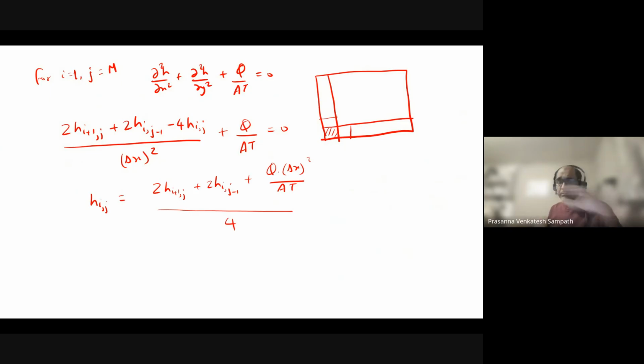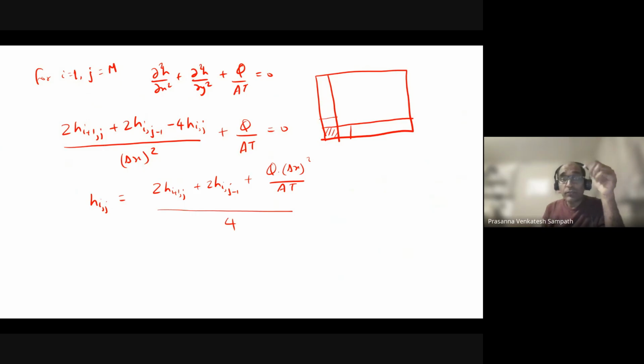So I set up the equation, and what we end up with is an equation that accounts for all the special circumstances of this particular cell. This particular corner cell neither has an i minus 1th cell nor has a j plus 1th cell, because it is at the corner.